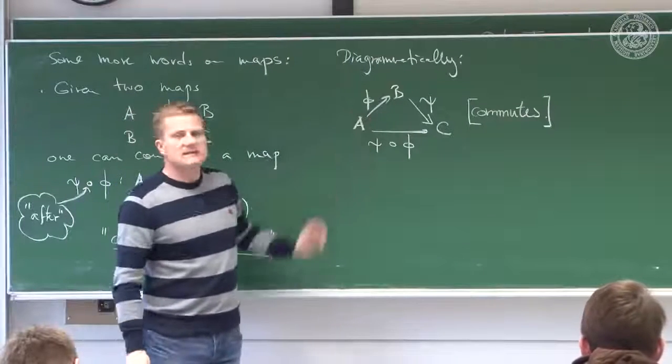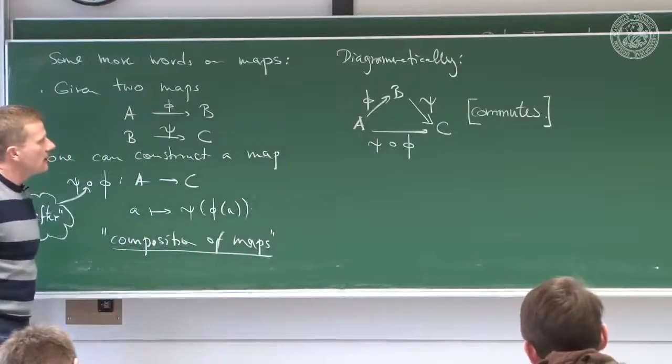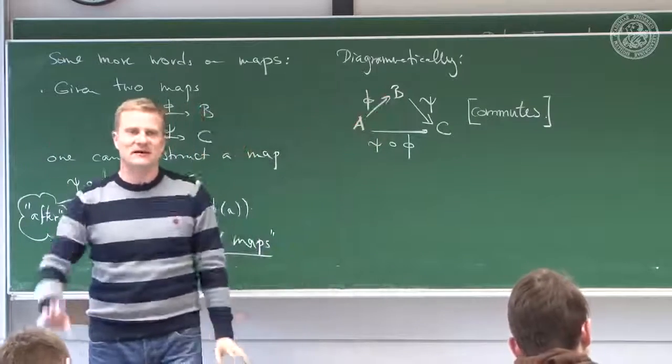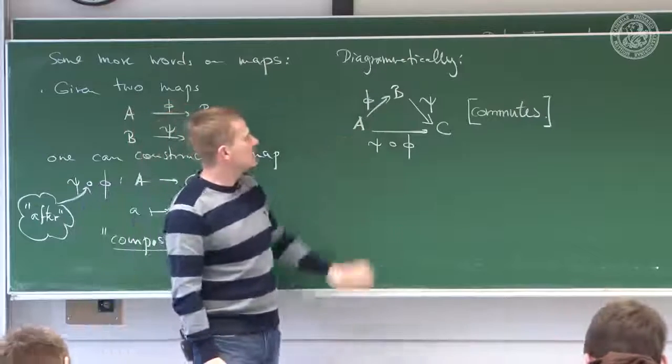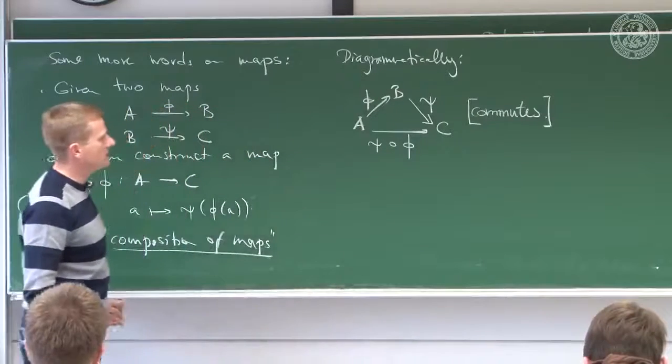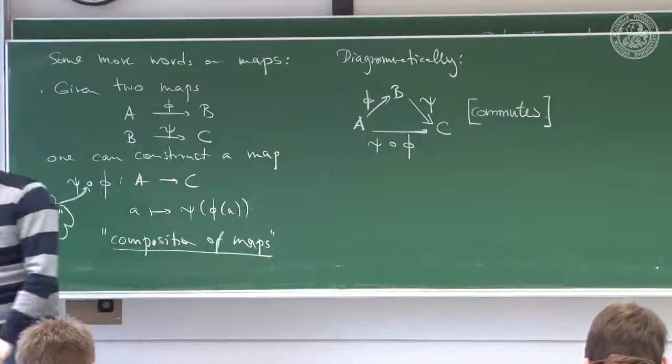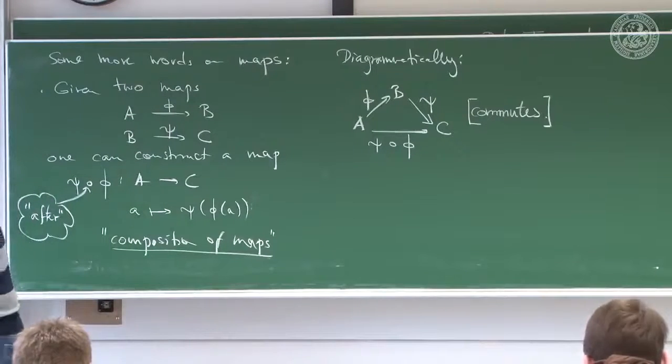Well, this might seem overkill as a notation, but we'll later on meet situations where many maps go from many places to many other places, and then actually these diagrams are much more convenient than writing down the data in the traditional way.